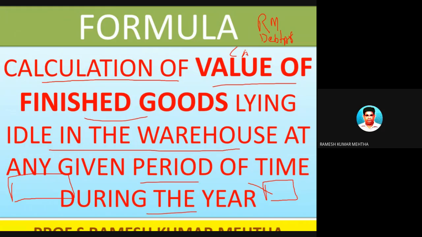So there is a huge amount of investment done in finished goods, and this becomes a part of your current assets and current working capital, and your capital is getting stuck in one of the current assets, which is finished goods. So we'll try to find out the total amount of finished goods which are lying idle in the warehouse of a manufacturing plant at any given period of time, because that forms a part of our current assets.